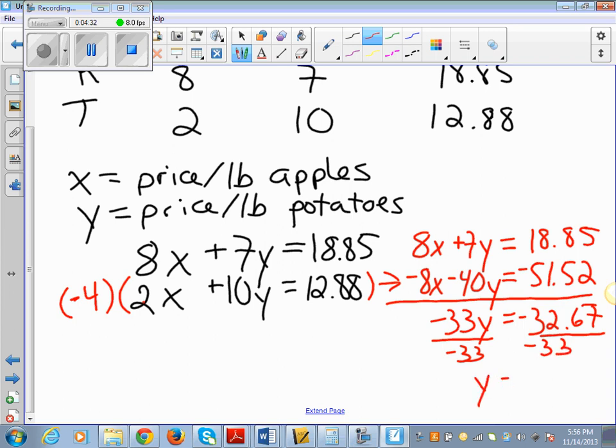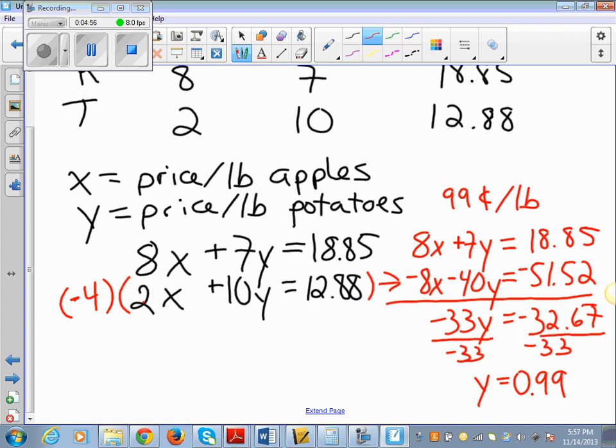And we get y is equal to 0.99. So that makes sense, 99 cents per pound. That sounds somewhat reasonable. So we know the price per pound for potatoes, since that was y, is 99 cents per pound.